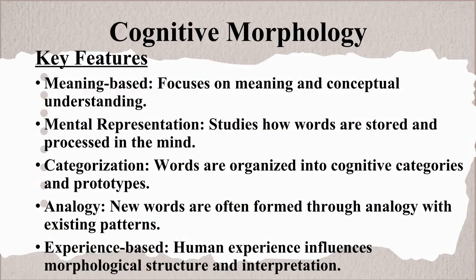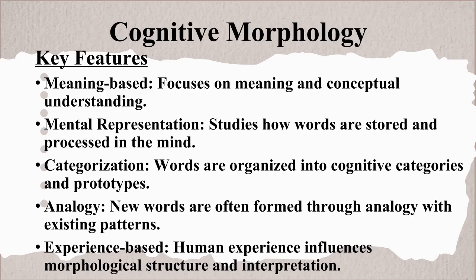The key features of this approach are: it gives priority to meaning and how speakers conceptually understand and interpret words rather than only their structural form. It examines how words are mentally stored, organized, and processed in the human mind as part of the cognitive system.